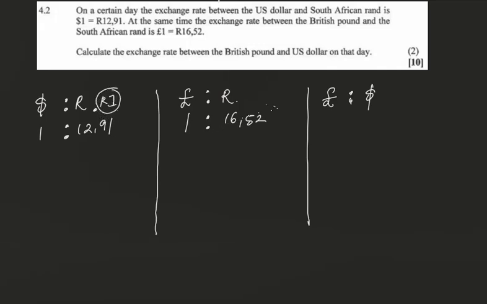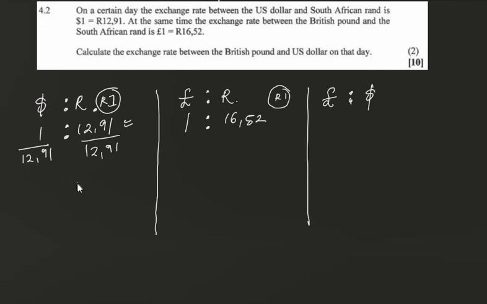That's what I want. Same thing applies to this side. I'll try to have 1 rand on this side. Now, how do I make sure that on this right side I have 1 rand? I'll divide by 12.91. Same thing applies here. I'll divide by 12.91, right?